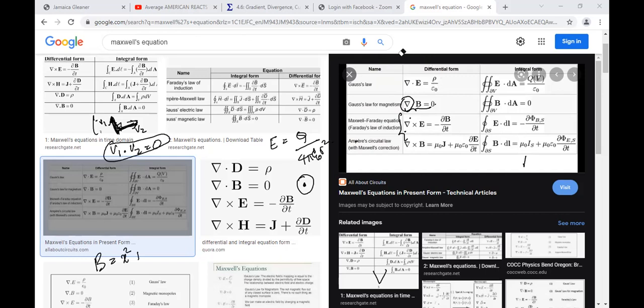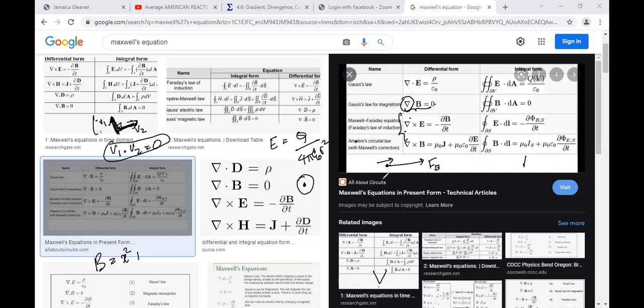This is typically charge. Remember I said that if you have a magnetic field, it's due to a charge that is in motion.